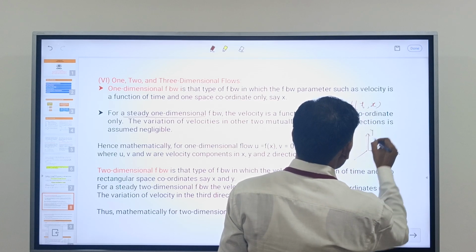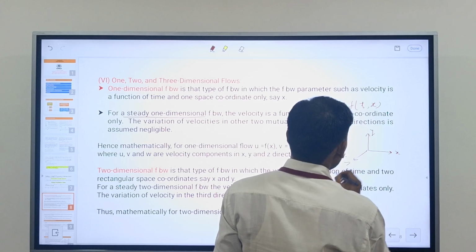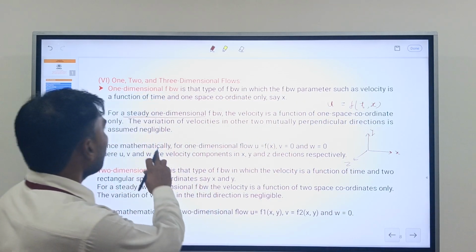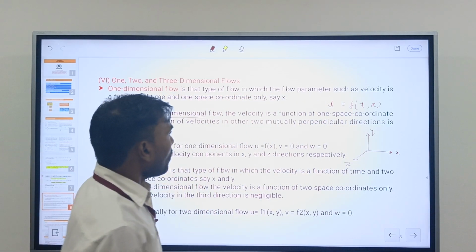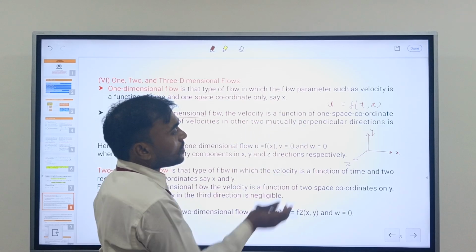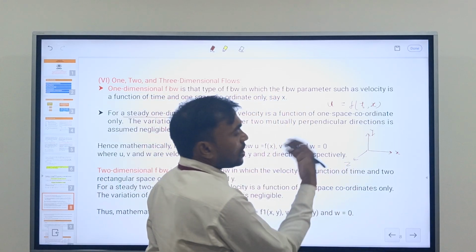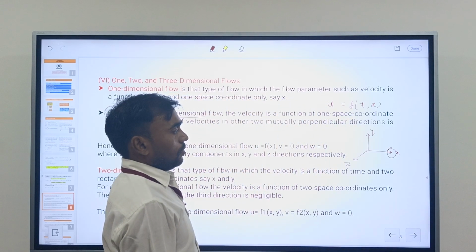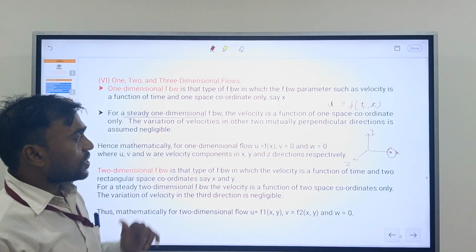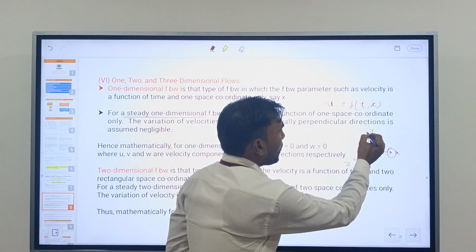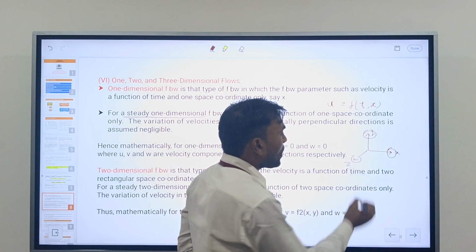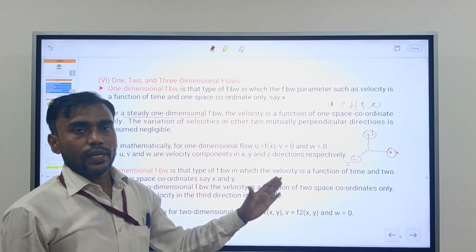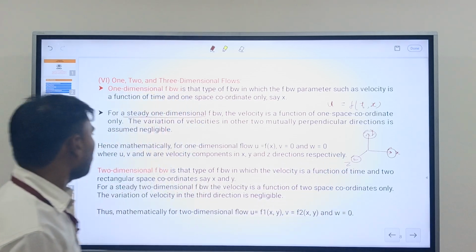Suppose this is the x direction, this is the y direction, and this is the z direction. So in the study of one-dimensional fluid flow, velocity is only a function of one space coordinate, suppose x, and the velocity variation in the other mutually perpendicular directions is assumed to be negligible.